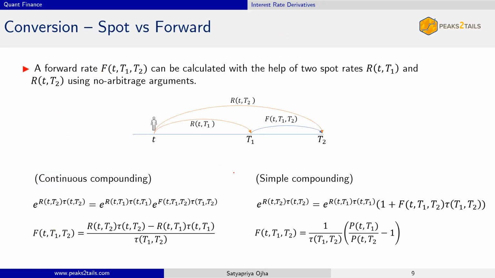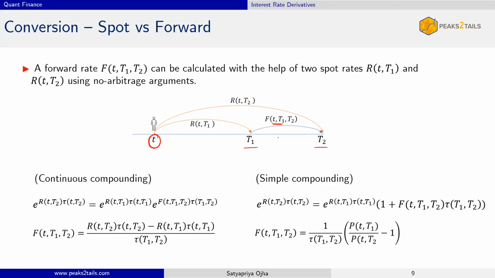All right. Next. How do you go from spot rates to the forward rate? Suppose we want to figure out the forward rate between T1 and T2, standing at time small t. What is the forward rate applicable between T1 and T2, which is in the future?